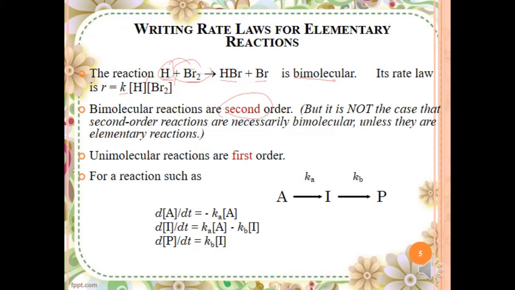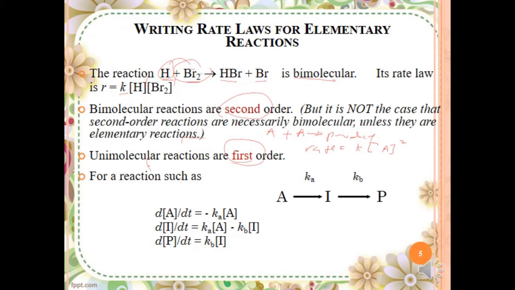Like I mentioned in the earlier slide, a bimolecular reaction can come from the same molecule reacting with each other, for example A plus A giving product. So when we write the rate law, we have k [A] squared, second order. Unimolecular reactions are first order.